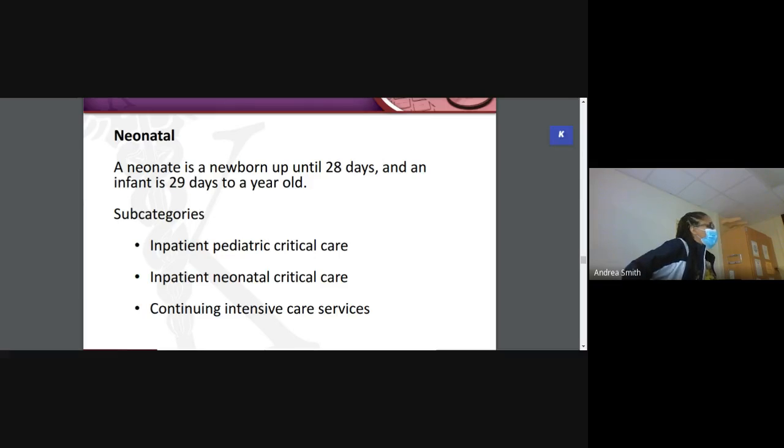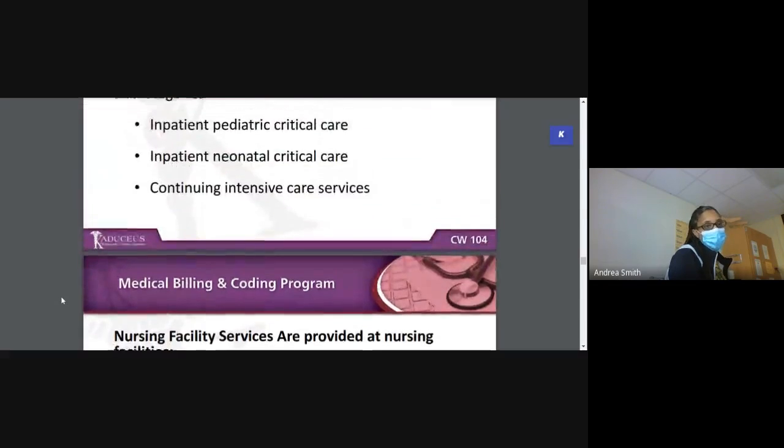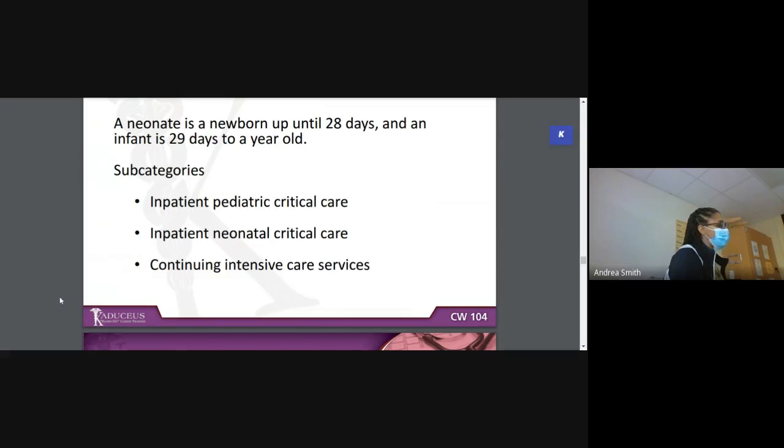These categories include inpatient pediatric critical care, inpatient neonatal critical care, continuing intensive care services, and these are all for babies. But they will catch you off guard if you're not paying attention to the age of the child.